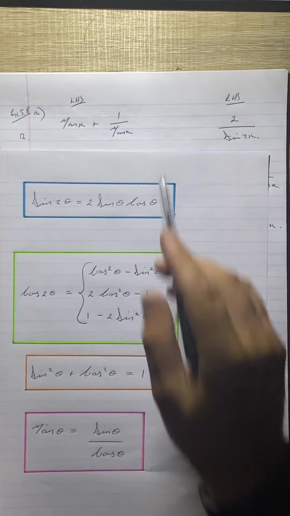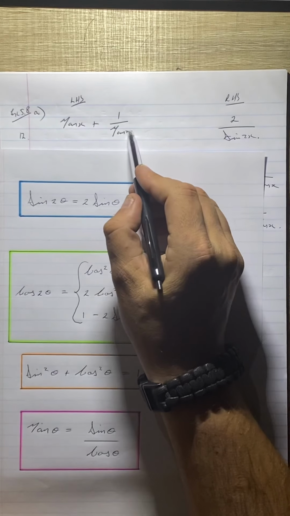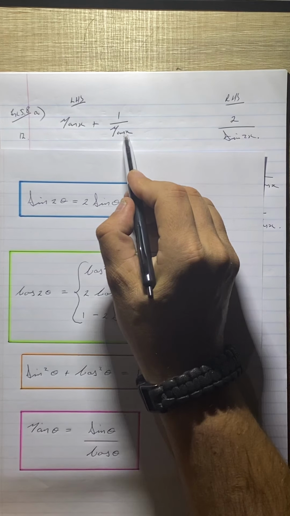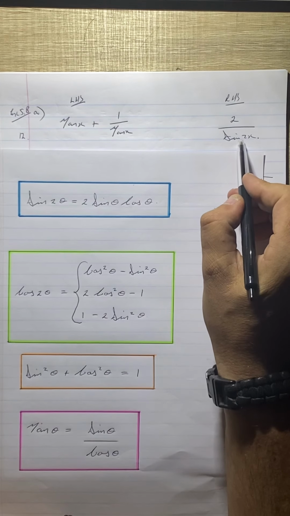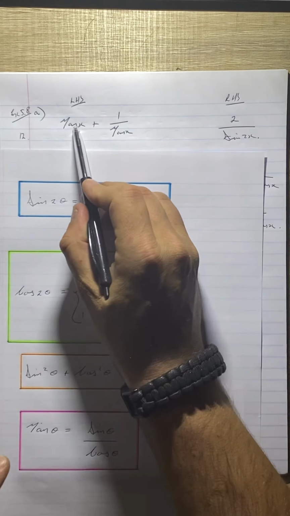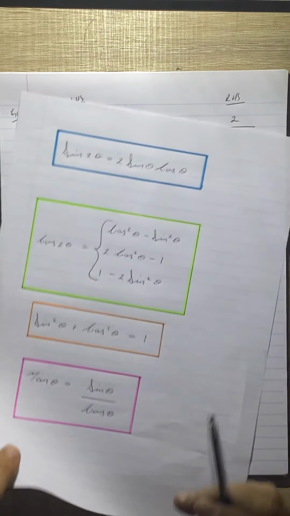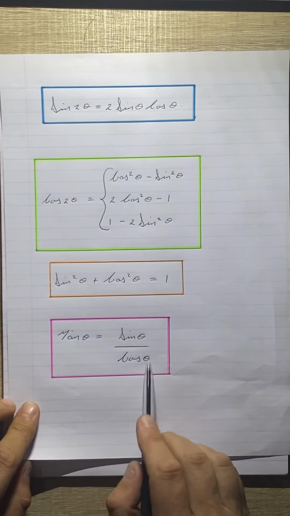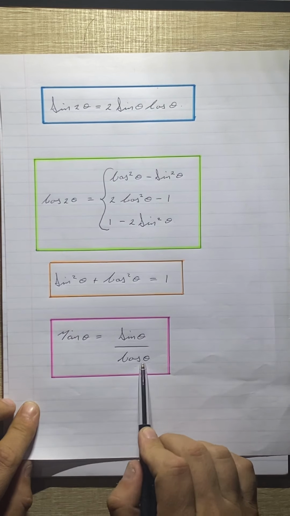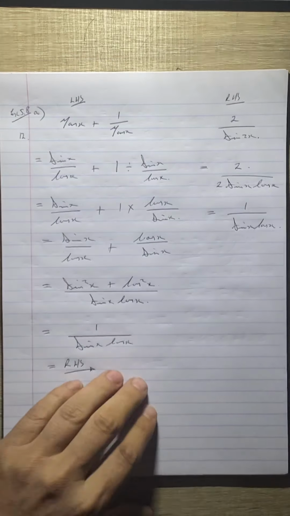So let me just recap. Denominator, I'm going to set tan x equal to 0. Denominator, I'm going to set sine 2x equal to 0. Then for this tan, that is actually sine theta over cos theta, and we have another denominator. So I'm going to set cos theta equal to 0. Okay. And remember, we are trying to find the values where this thing would be undefined.